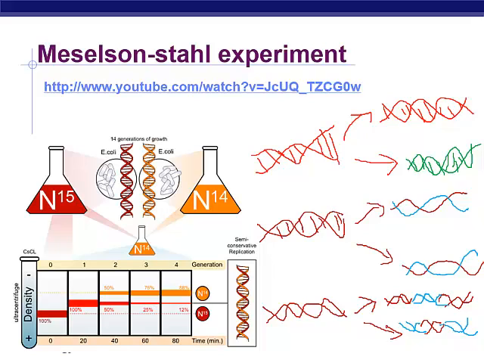So when the bacteria make all their nitrogen bases, they use the heavy nitrogen. So they took this colony that they grew and they put it in a centrifuge, right? And you can see here, all of the DNA is very dense because all of the DNA is now made with this N15. Got it?